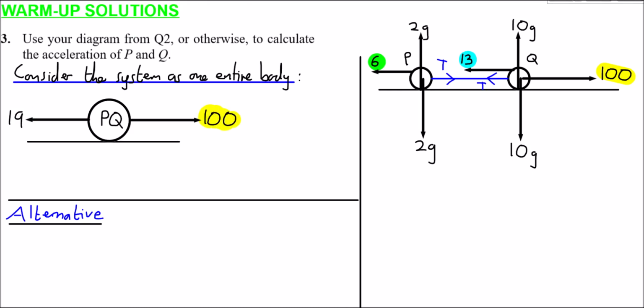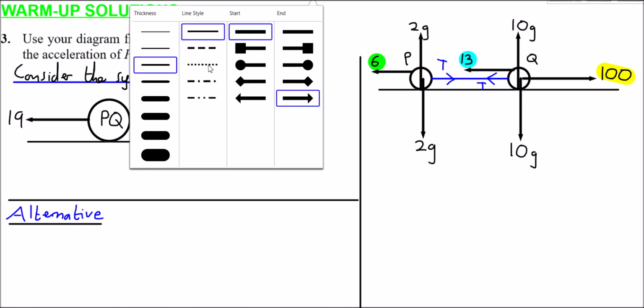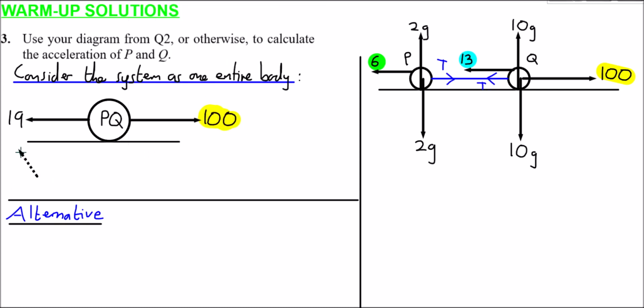Just to make this as clear as I can, I'm going to add in here where this 19 is coming from. That 19 is the sum of the 6 and 13 from before. So we're now good to go.